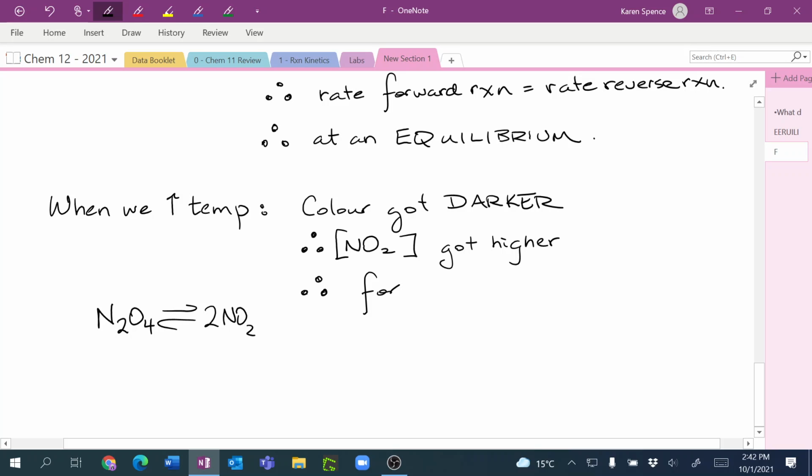Therefore, the forward reaction, forward rate, how does it compare? Is that a greater than, is it a less than, or is it an equals to?